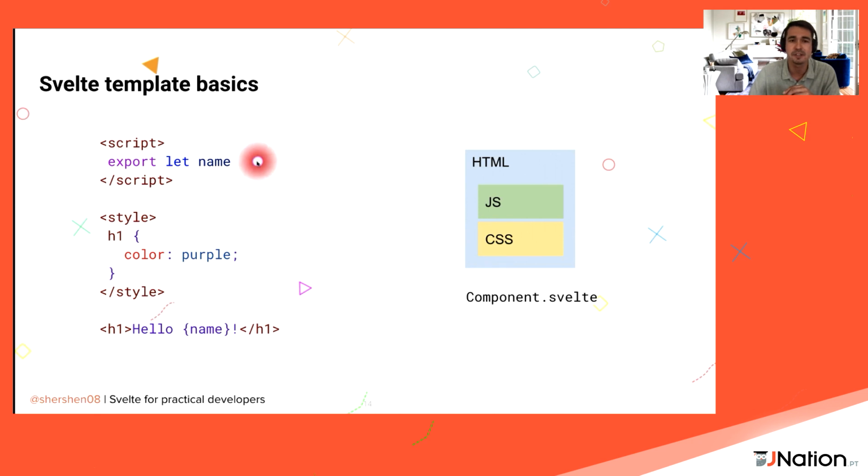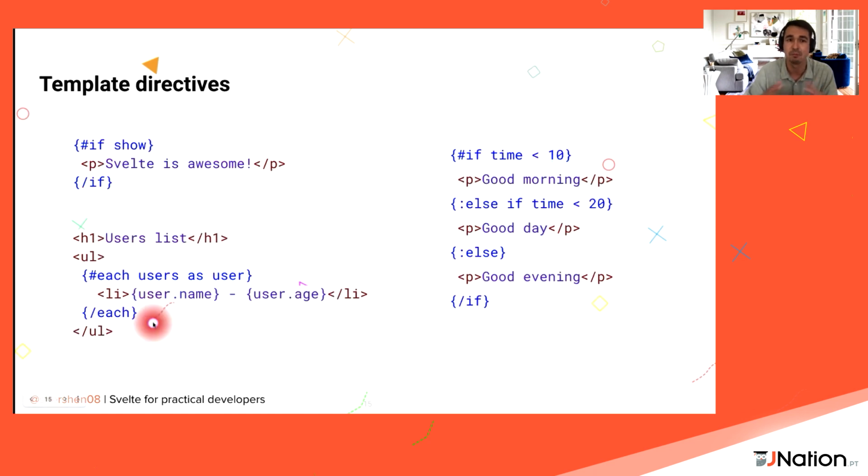So here we can see a simple component with one property, and this property is declared in the script part, and it is then displayed in the HTML template part. You can see Svelte is using a single bracket notation for templating, and if we go further, if we want to display something more complex, here we can see the first Svelte directives.